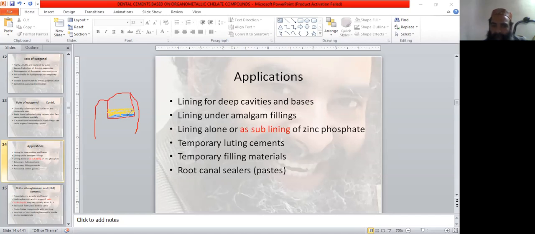So sublining of zinc oxide eugenol and sublining of zinc phosphate.